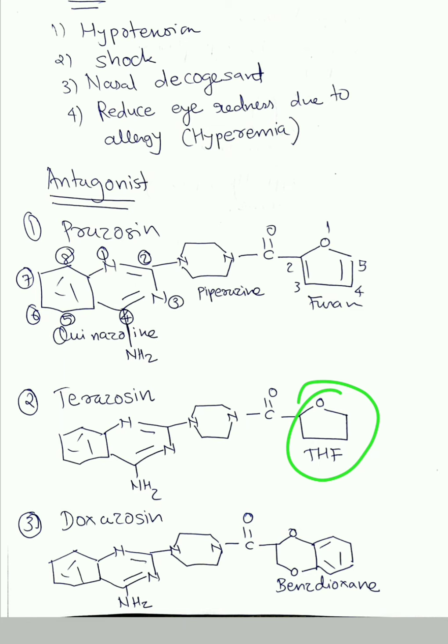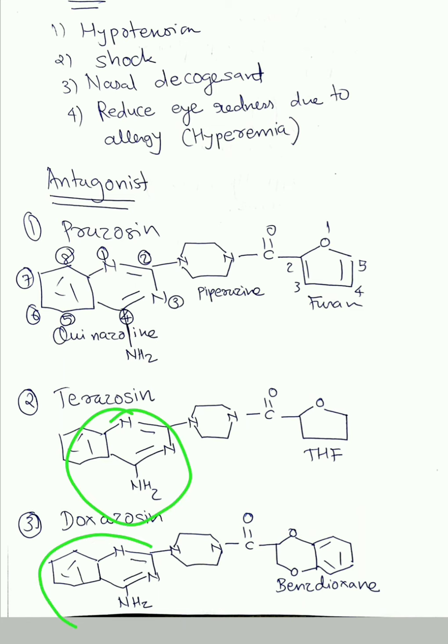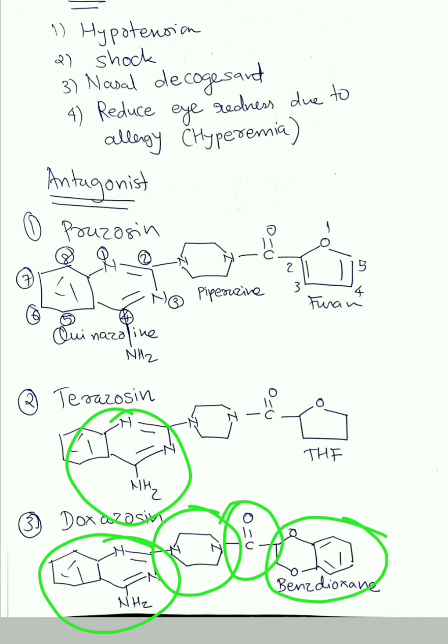Next structure in this category is doxazosin. Doxa means dioxane. This structure I have also tried to cover. Now we'll see where the dioxane is. See, this part is common: piperazine is there, carbonyl is also there. Here, what is this?